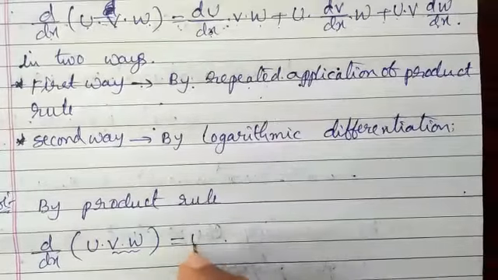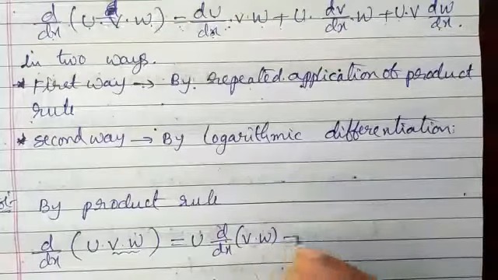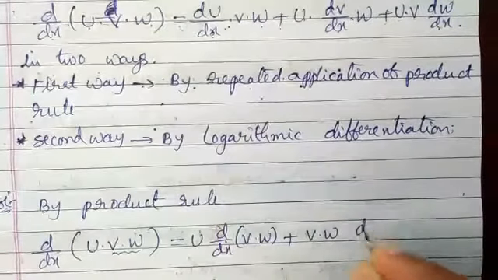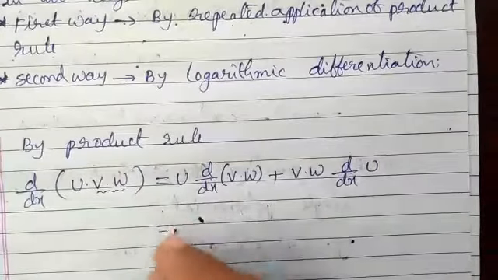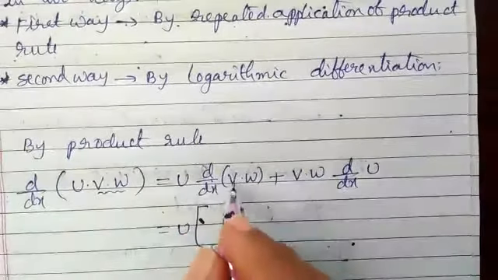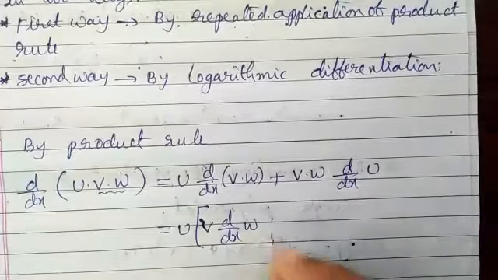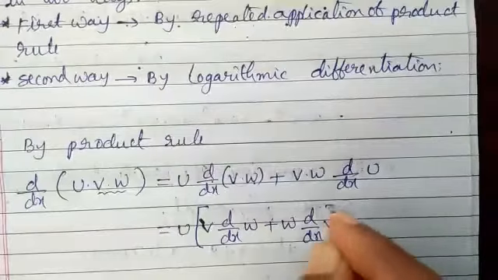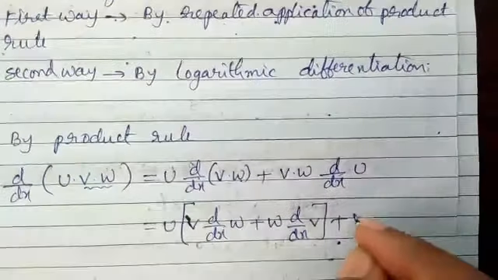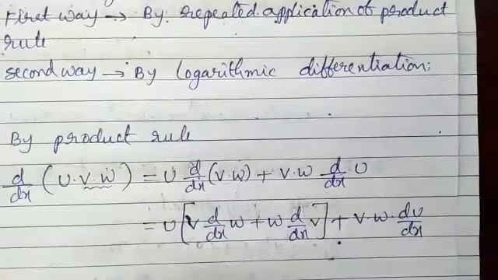Then what do you write? u into d by dx of v into w plus v into w into d by dx of u, and u into bracket of, again this is f of x into g of x, v into d by dx of w plus w into d by dx of v, plus v into w into du by dx.